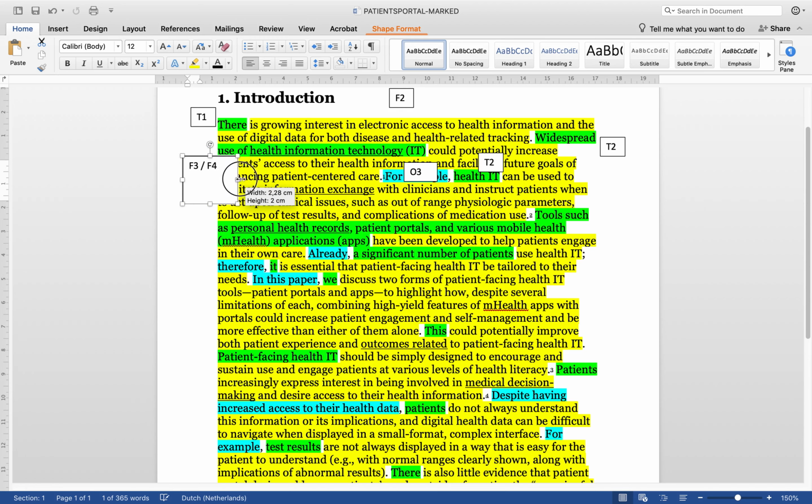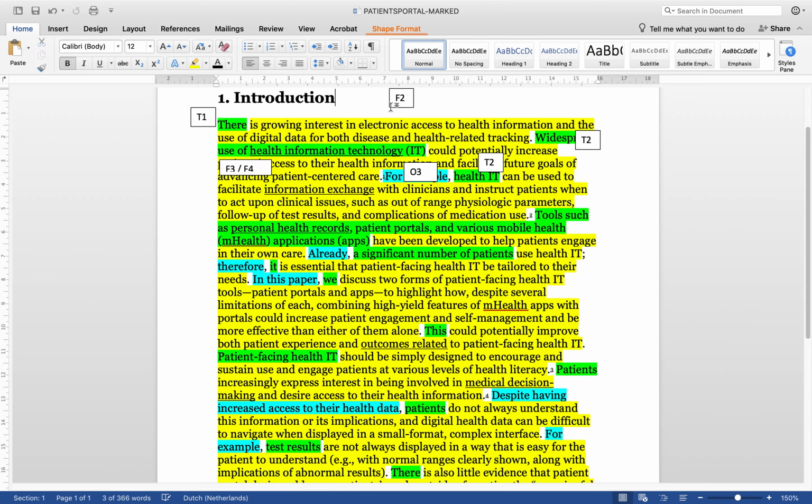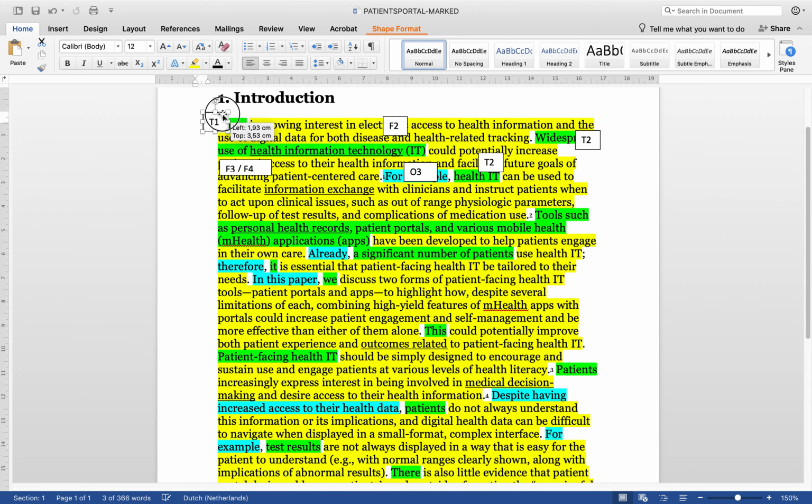Wait, let me organize this a bit more. There and there. I will call this F3 or F4. I'm not entirely sure yet. Widespread use is topic 2. And this is focus 2 and topic 1.